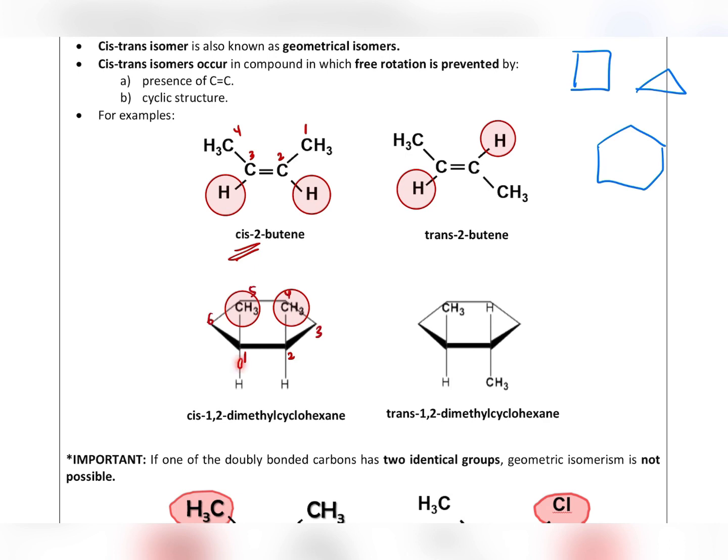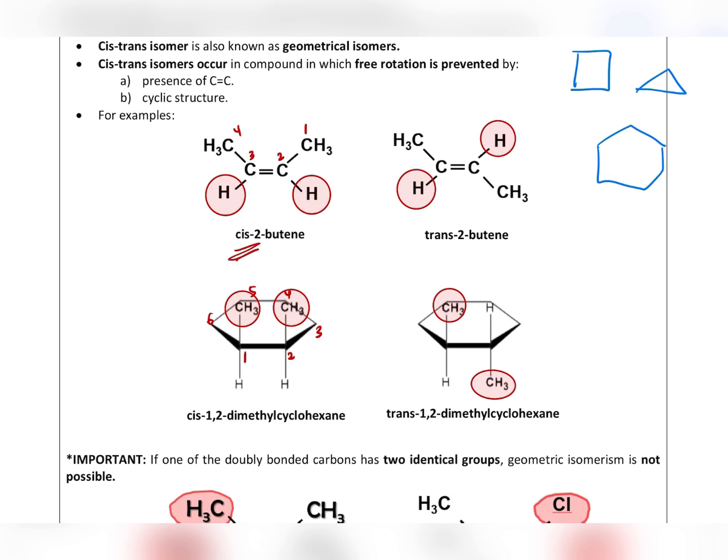So that's why nama dia jadi 1,2-dimethyl cyclohexane. Okay, and then this one, since 1 methyl atas, 1 methyl bawah, so itu dia menyebabkan jadi trans. Okay, trans 1,2-dimethyl cyclohexane.